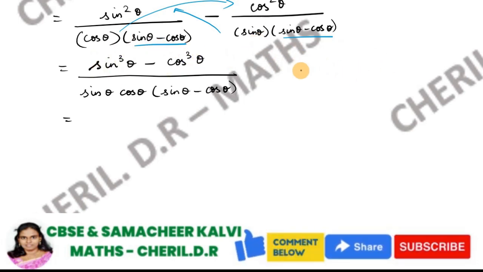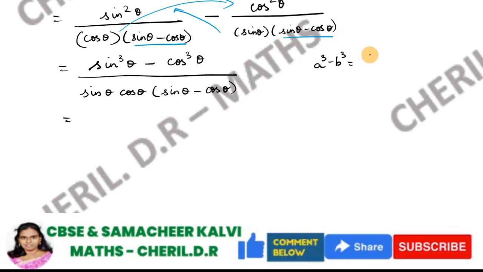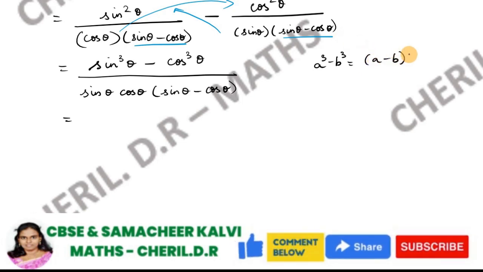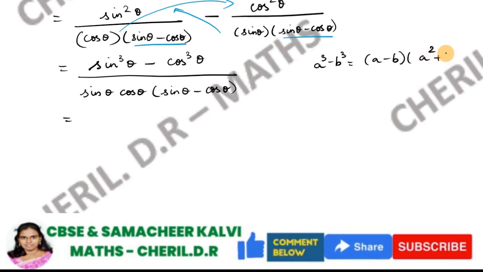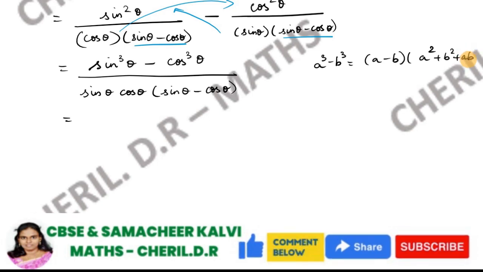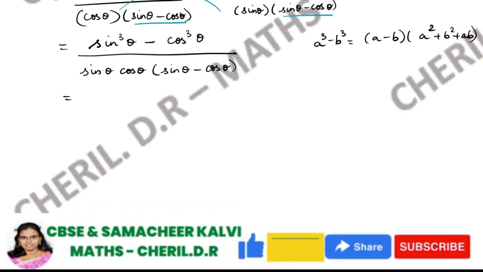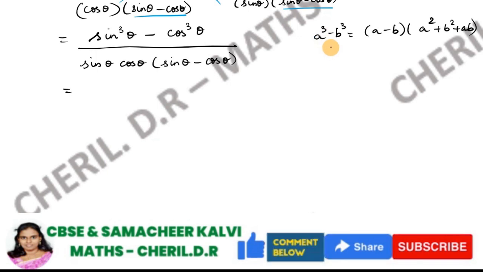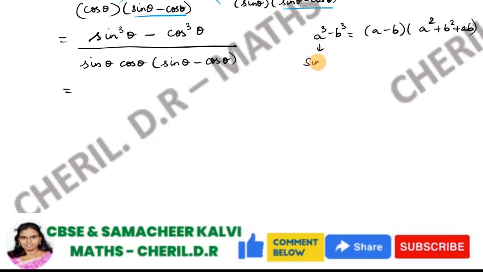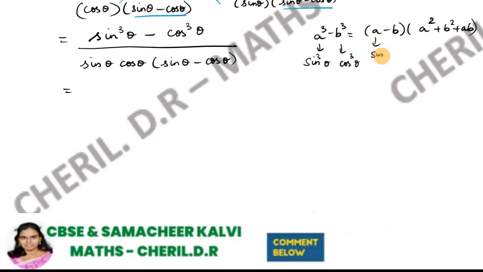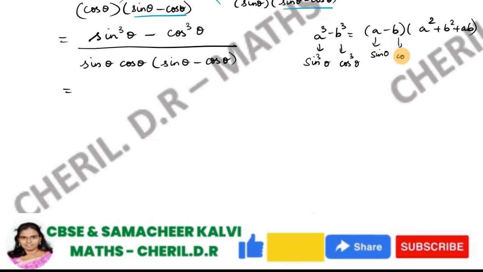Yes. Can you all recollect the formula for a cube minus b cube? What is a cube minus b cube? It is nothing but a minus b into a square plus b square plus ab. Correct? A square plus b square plus ab. So instead of a you have sin cube theta, instead of b you have cos cube theta. So for a you have sin theta, for b you have cos theta.